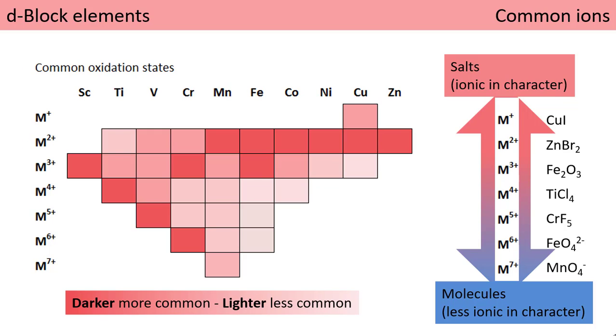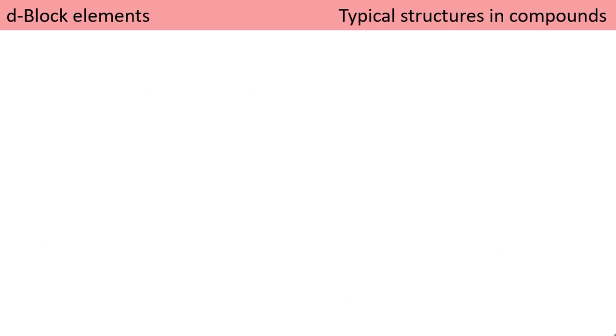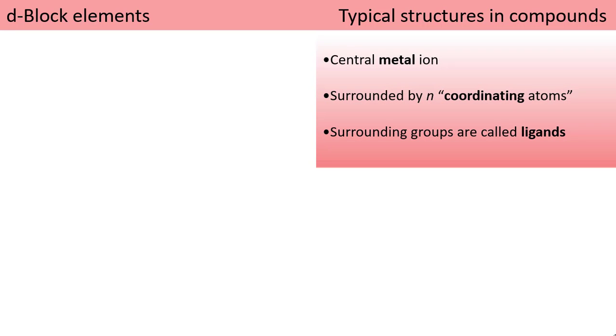Okay, so let's have a look at some typical compounds and species. In almost all compounds of transition metals, it is the case that the D block element is central and is surrounded by a number of other atoms. We could call these coordinating atoms, and whether the species surrounding the metal are atoms, molecules, neutral or ionic, we could call the whole coordinating group a ligand.